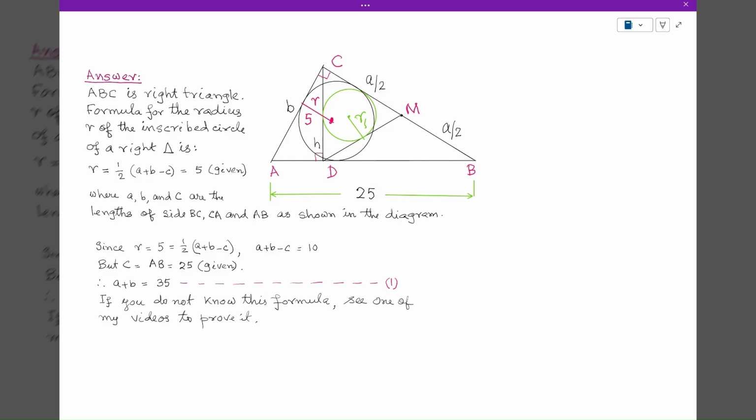Therefore, because a plus b minus c is equal to 10 and c is equal to 25, we get a plus b is equal to 35. Let us call it equation 1. If you do not know the formula for R, then please see one of my videos to prove it.